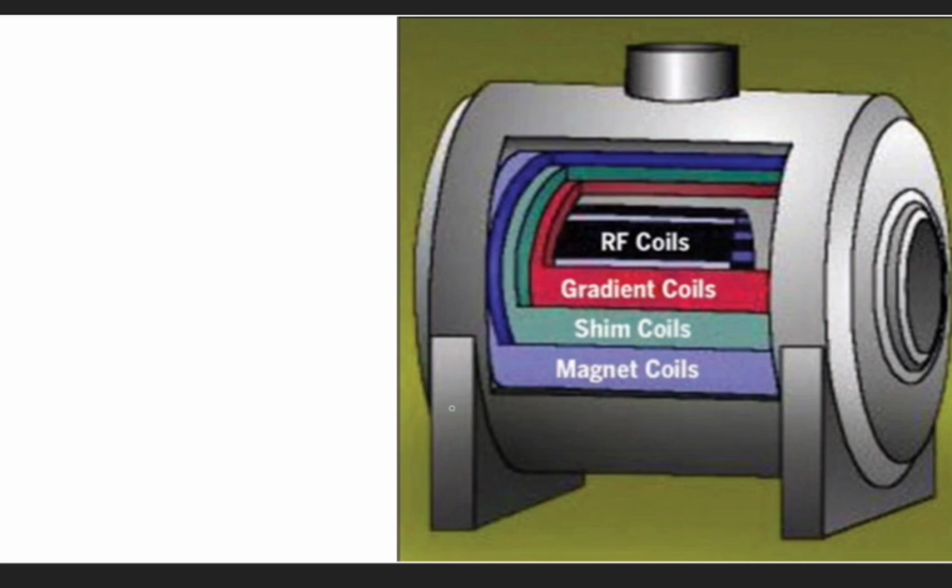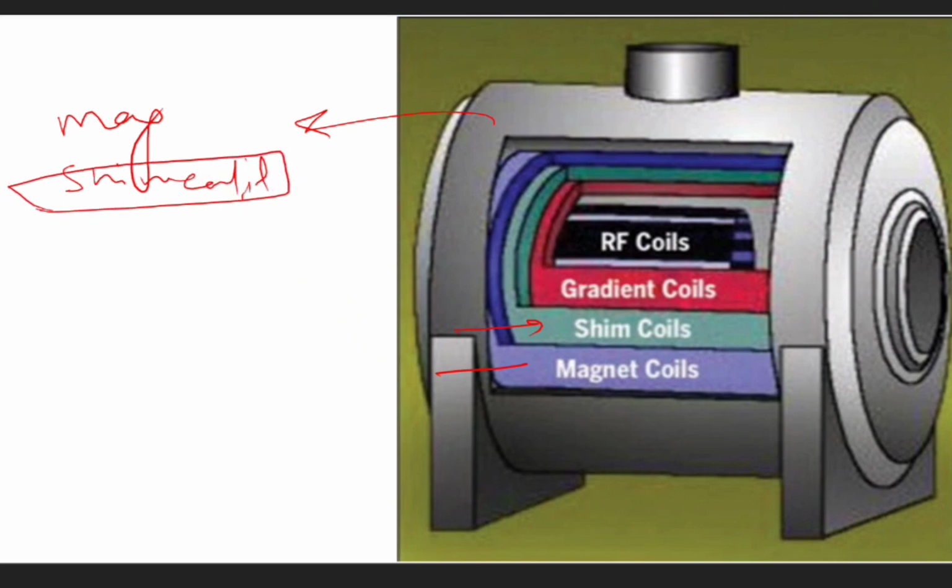You can see here from this side, the outer part is a magnet. See, this one is your magnet, and another is your shim coil. What is a shim coil? First you see the gradient coil, this is a gradient coil, and this is your transmit coil or RF coil. Shim coils are actually embedded inside the gradient coil.